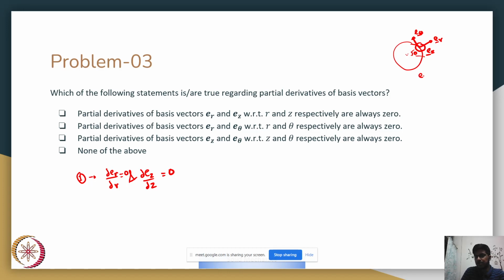So we note that ER is a function of theta only. E theta is also a function of theta, whereas Ez is not a function of r, theta or z. Ez is essentially a constant here. So using this, we have dou ER by dou r equal to 0.